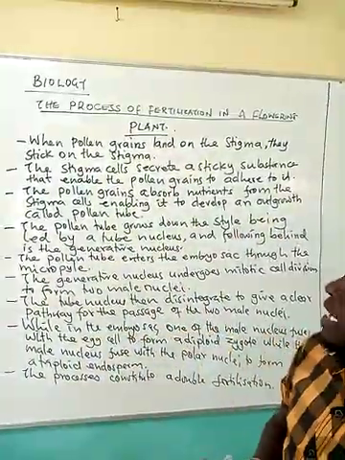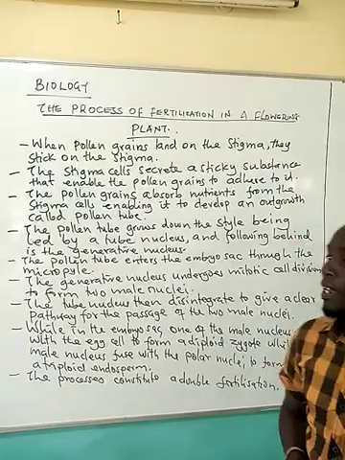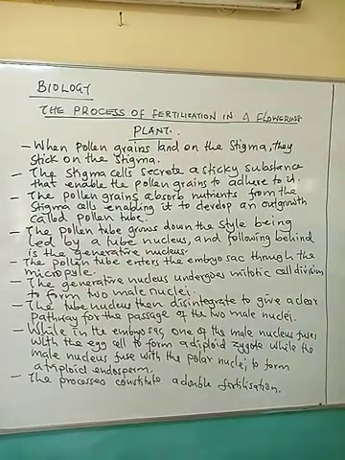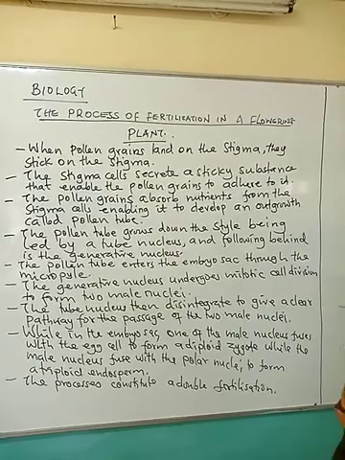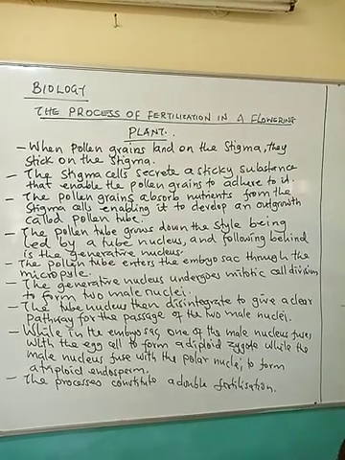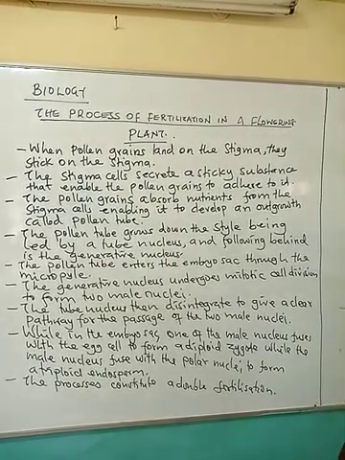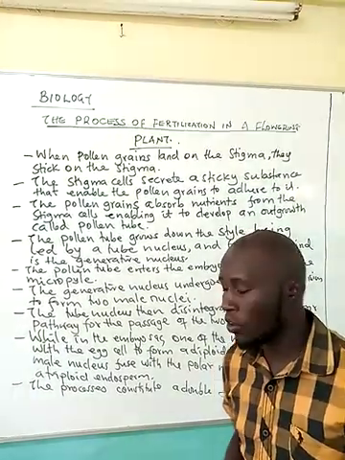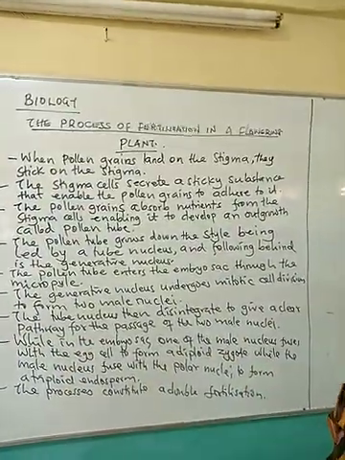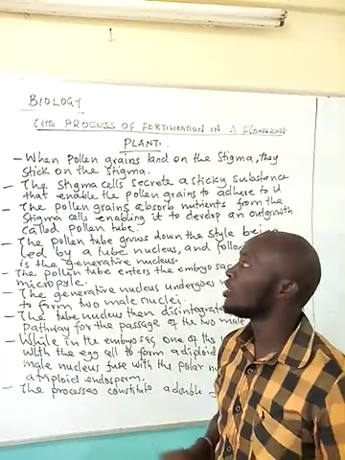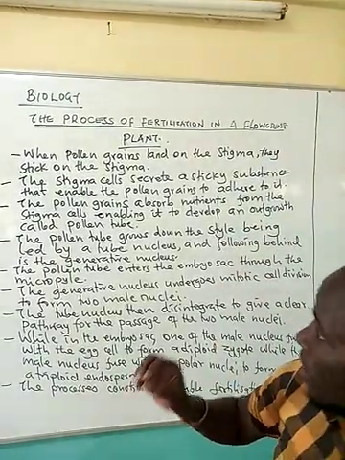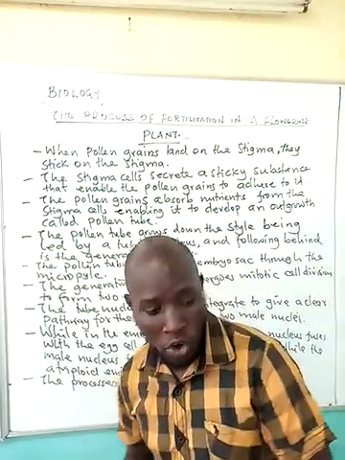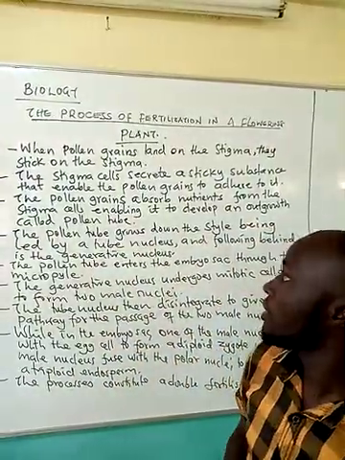When the pollen grains land on the stigma, we know very well that the stigma cells are able to produce some sticky substance. This sticky substance makes the pollen grains adhere to it, or rather stick onto it. So by the time the pollen grains stick on the stigma, they are going to withdraw nutrients from the stigma cells.